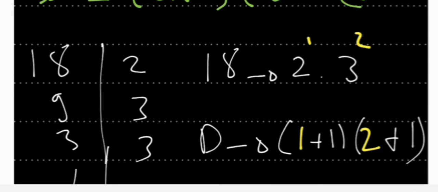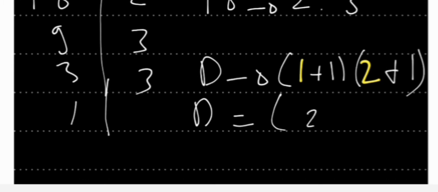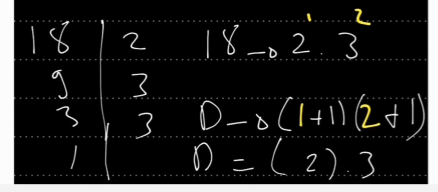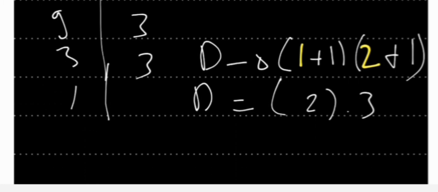This 2 over here, okay? So the number of divisors would be equal to 2 multiplied by 3, so it would be 6.